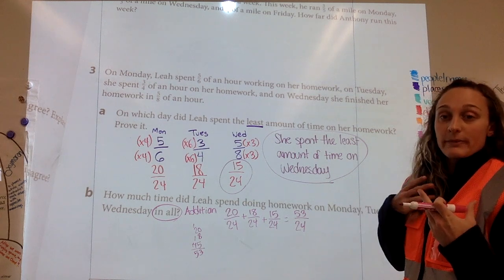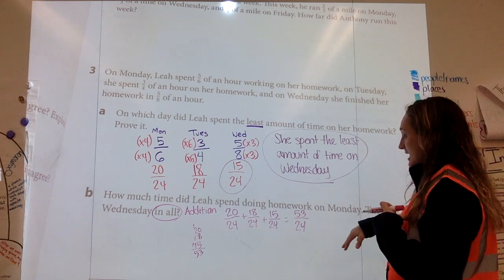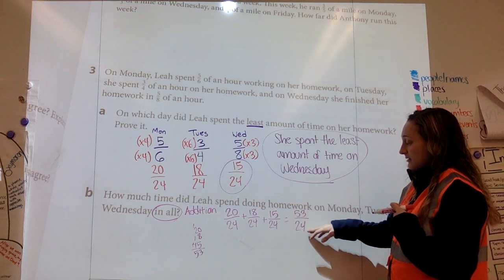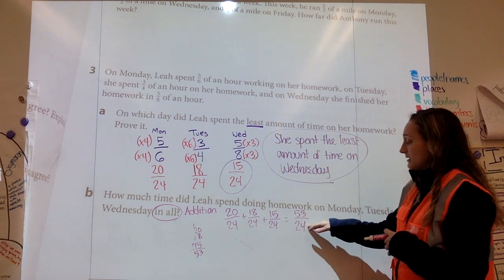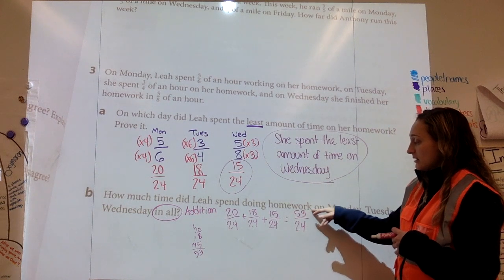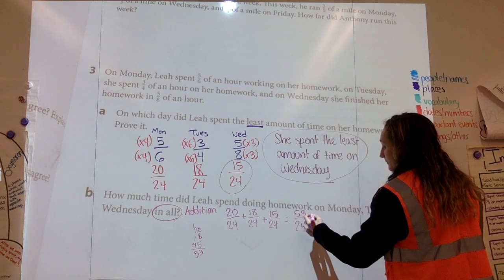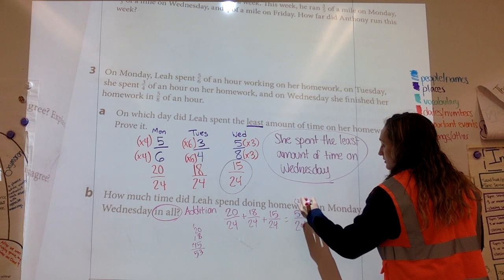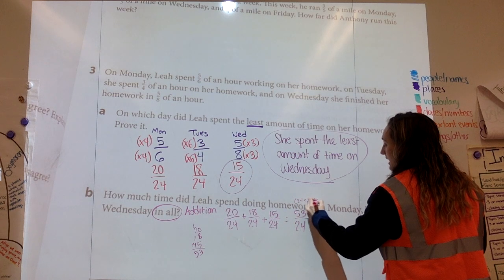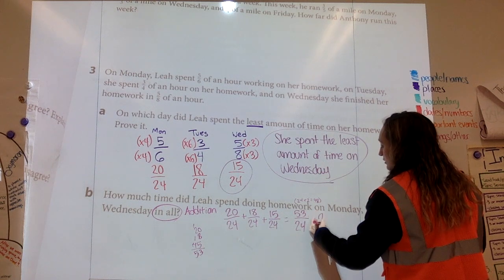Now, I need to turn this into a mixed number. So how I'm going to do that is I'm going to think of this as a long division problem. I'm going to think of this as how many times can 24 go into 53? And I know 24 times 2 is going to equal 48. Okay, and that's about as close as I can get. So that means I can get 2 wholes.